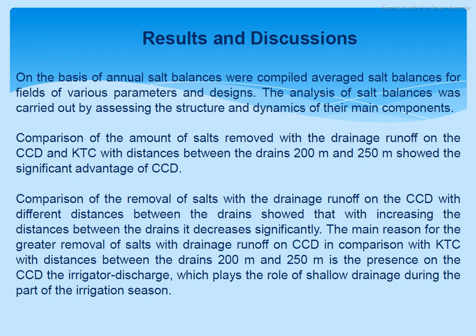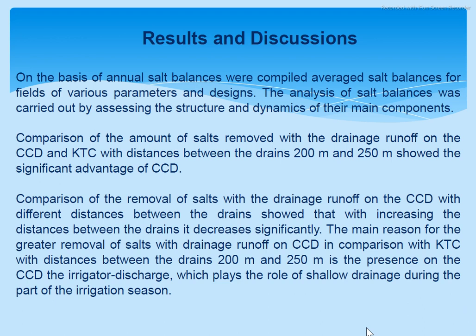In the expendable part were considered reserves of salts in the soil layer of 1.8 meters and in the groundwater layer of 1.2 meters in November, removal of salts with drainage water, with wastewater and with the harvest. Also considered were salt exchange with the lower horizon and total salts in the balance layer of 3 meters.